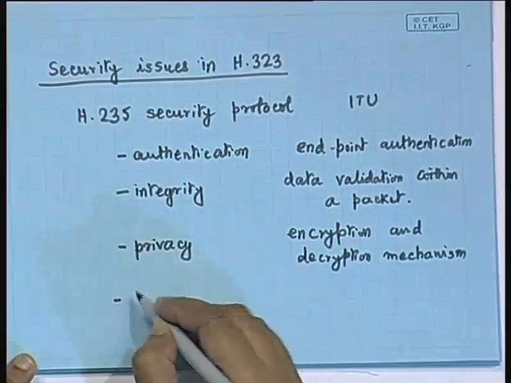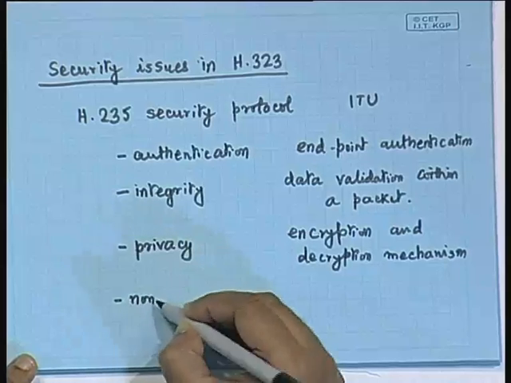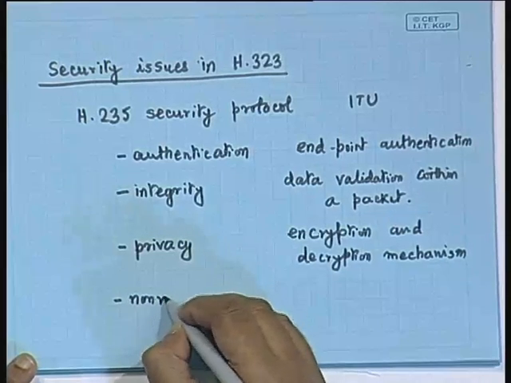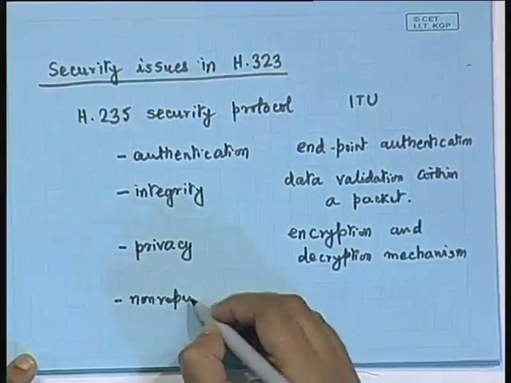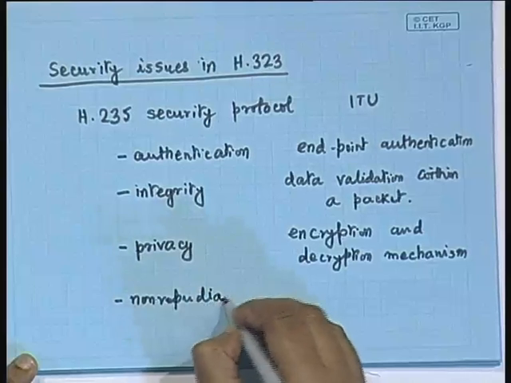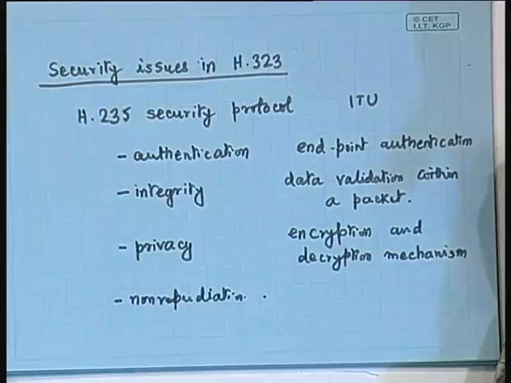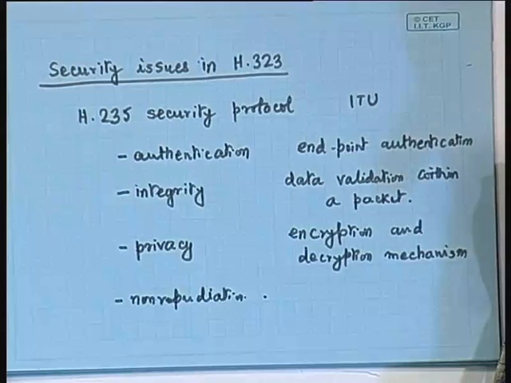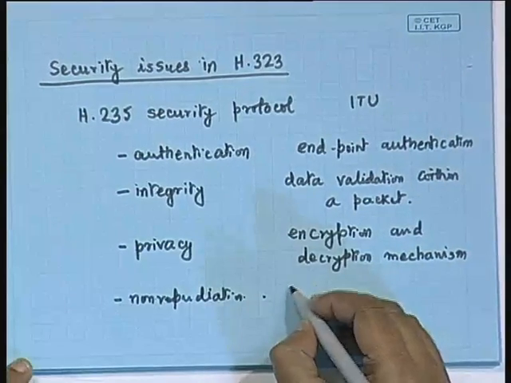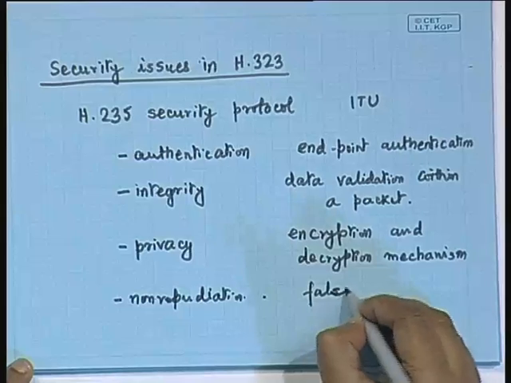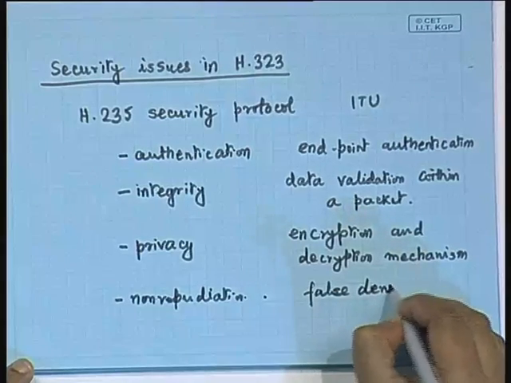And then the fourth aspect is prevention against non-repudiation. Non-repudiation means someone falsely denying that they participated in a conference. So, it is false denial of participation.